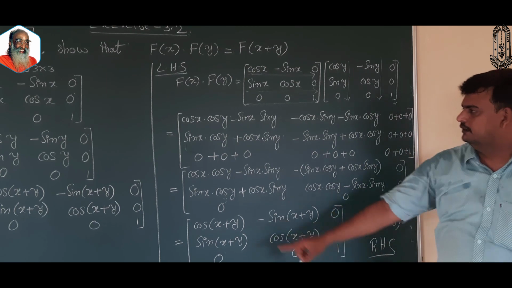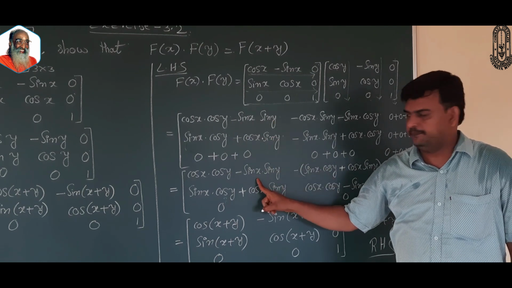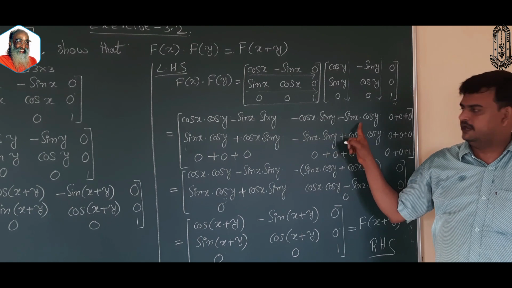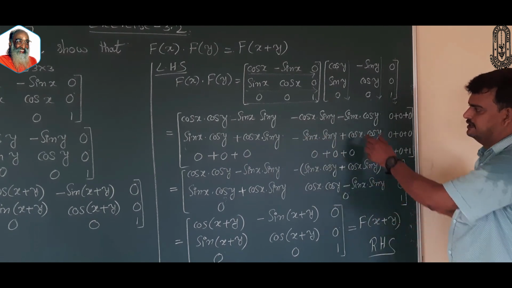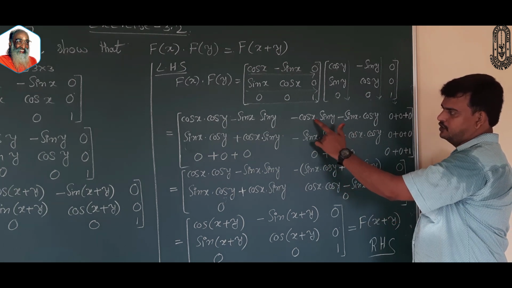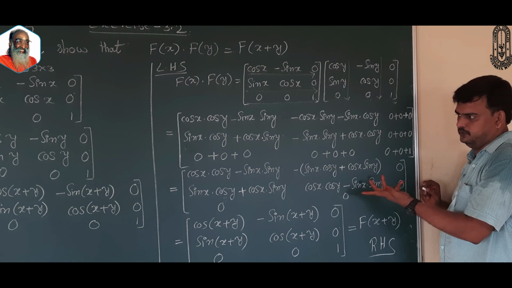How to simplify? Cos x cos y minus sin x sin y. From these two terms, I can take minus common. When I have taken minus common, first we write the term sin x cos y plus cos x sin y. 0 plus 0 plus 0 gets 0.